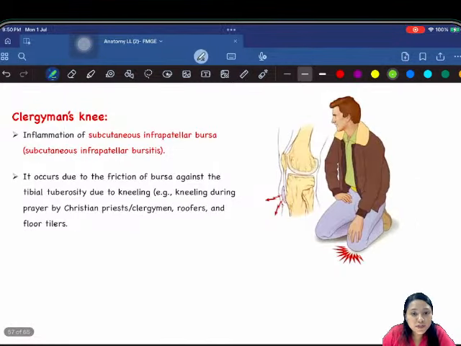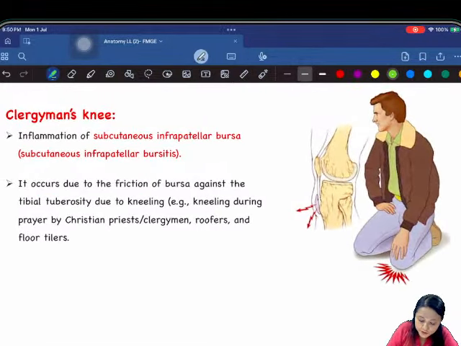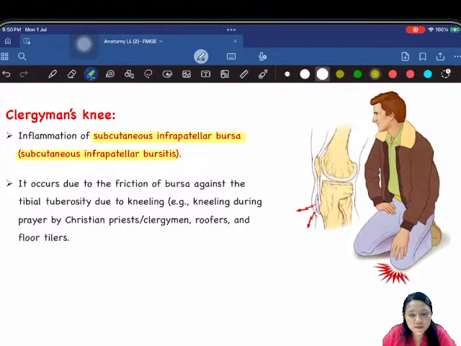Next हो गया है clergyman's knee. Okay, clergyman's knee. Now clergyman's knee is the inflammation of infrapatellar bursa, subcutaneous infrapatellar bursa, not the deep. Now here also friction of the bursa occurs, but it occurs against the tibial tuberosity, and this is during kneeling.